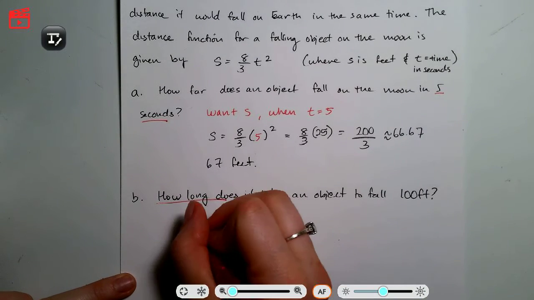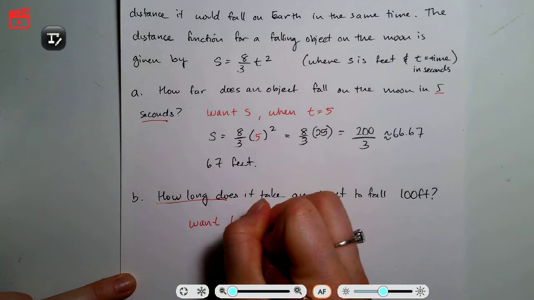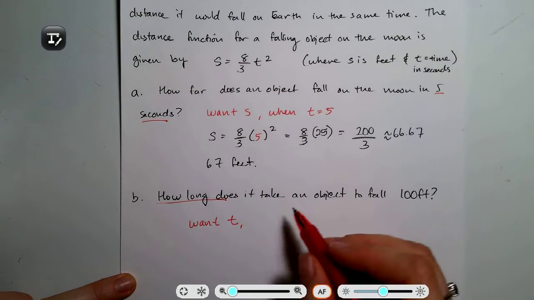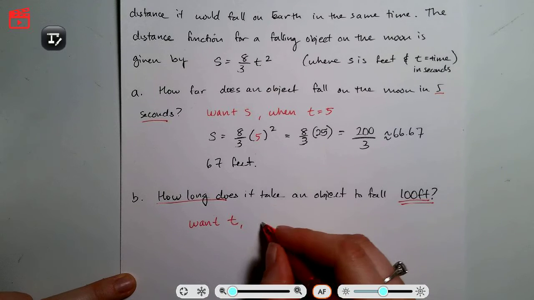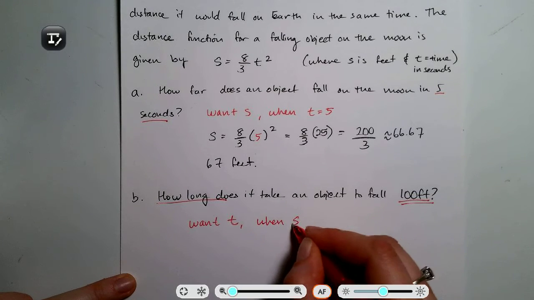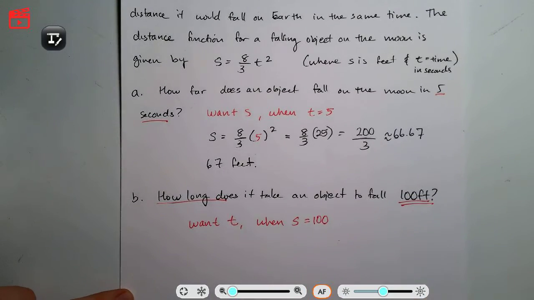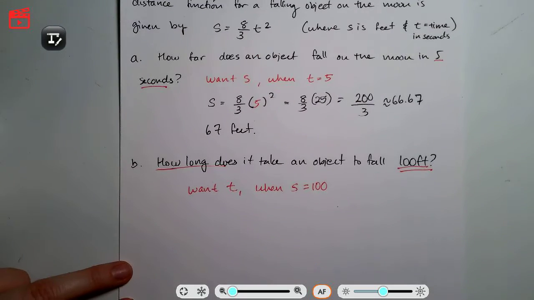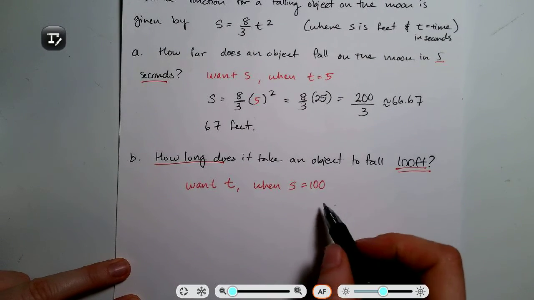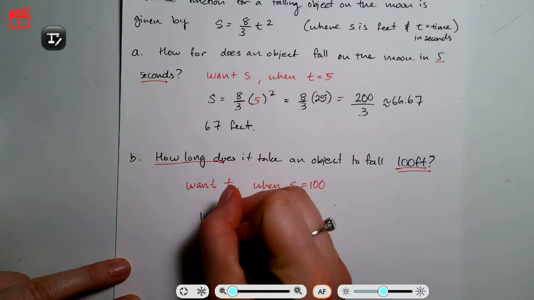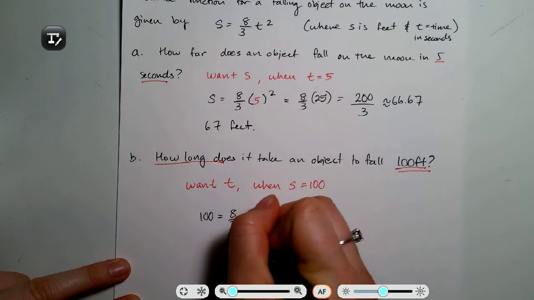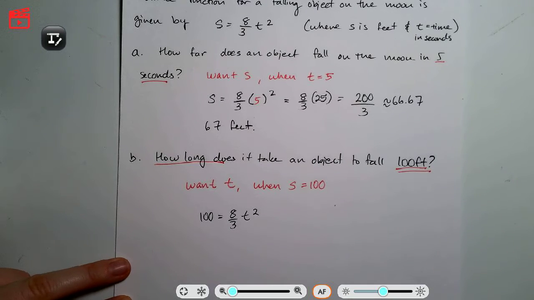So I want to know t when we have 100 feet. So when s equals 100. This time it's a little different. This time we're given s is 100. So plugging it into our equation, we have 100 equals 8 over 3 t squared.